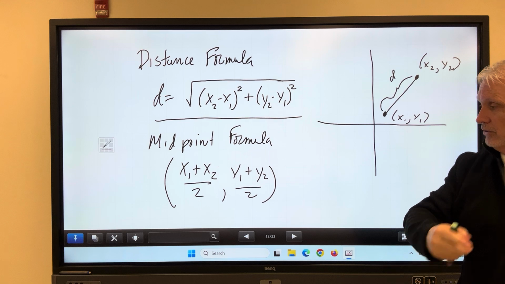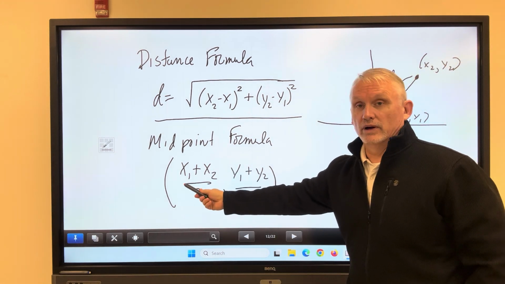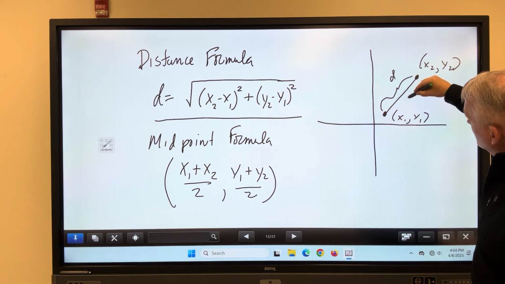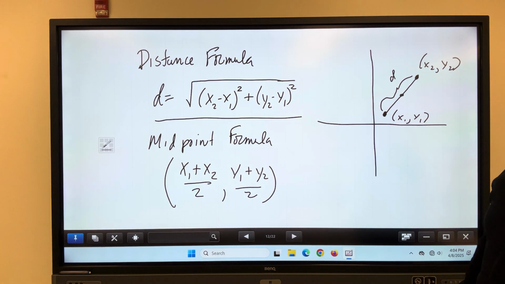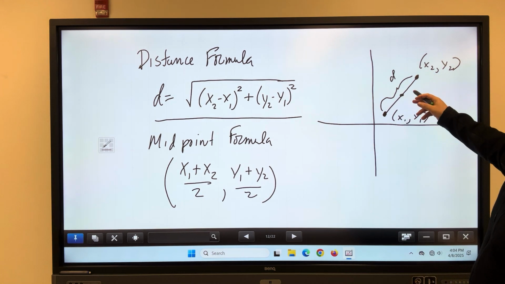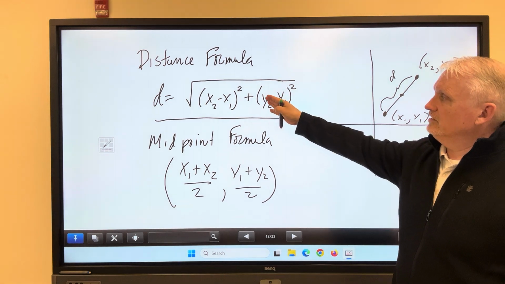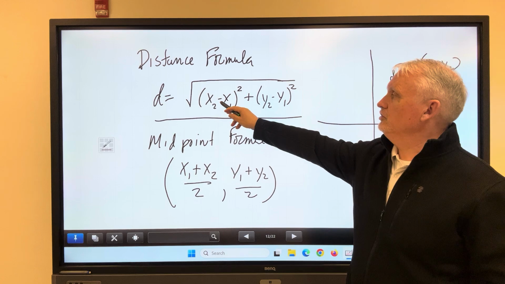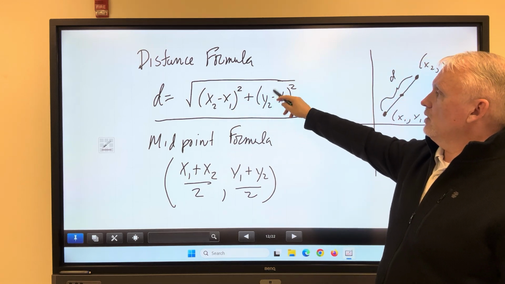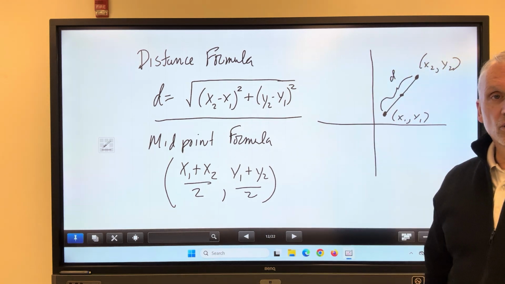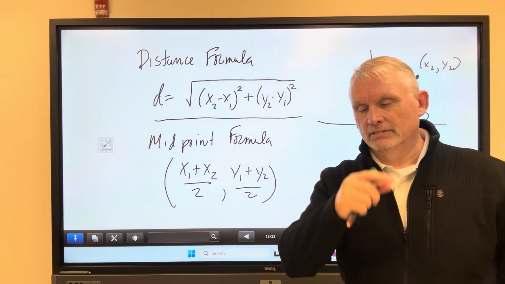Also the midpoint, which is here, x sub 1 plus x sub 2 divided by 2. I can find the middle of this thing. Which, by the way, that's pretty darn close for me to pick that out. But this is the distance formula, the square root of x sub 2 minus x sub 1 squared plus y sub 2 minus y sub 1 squared. And there's your midpoint formula. Why did they put that in here? I don't know.